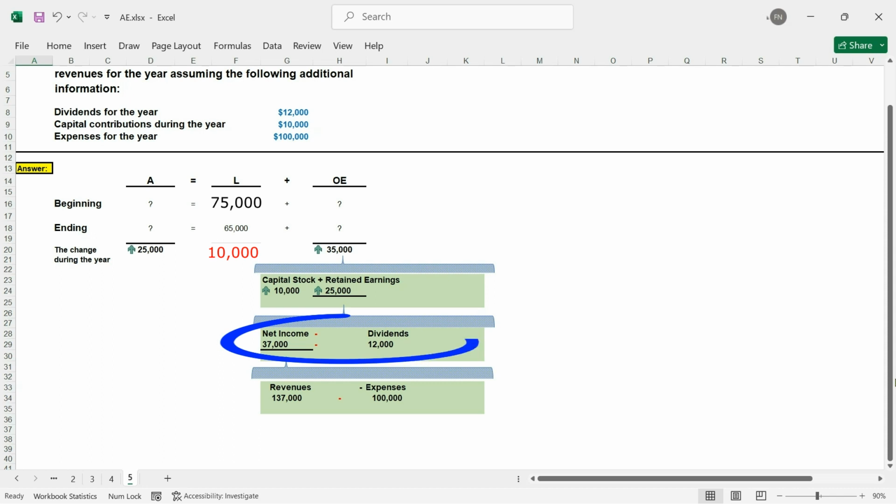But we can expand this even further because we know that any increase or change in retained earnings is a result of the earnings for the year that are retained in the business, or the earnings less any dividends that were paid. In this particular case, they tell us that the dividends amounted to $12,000.